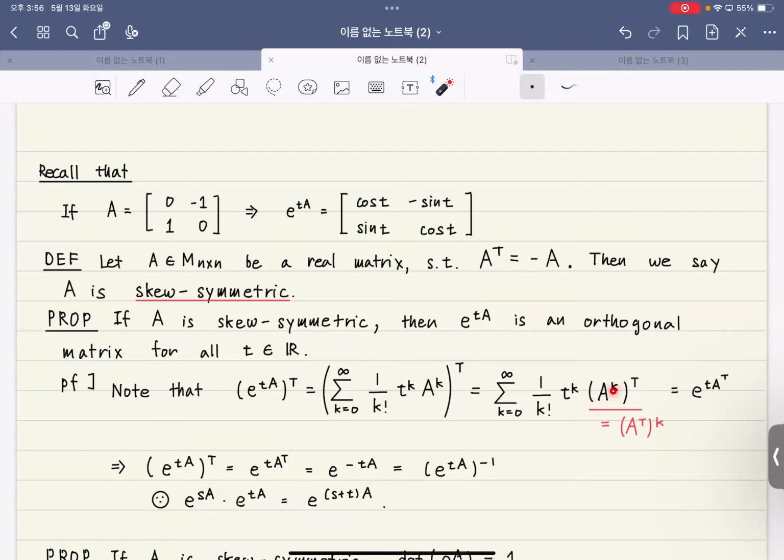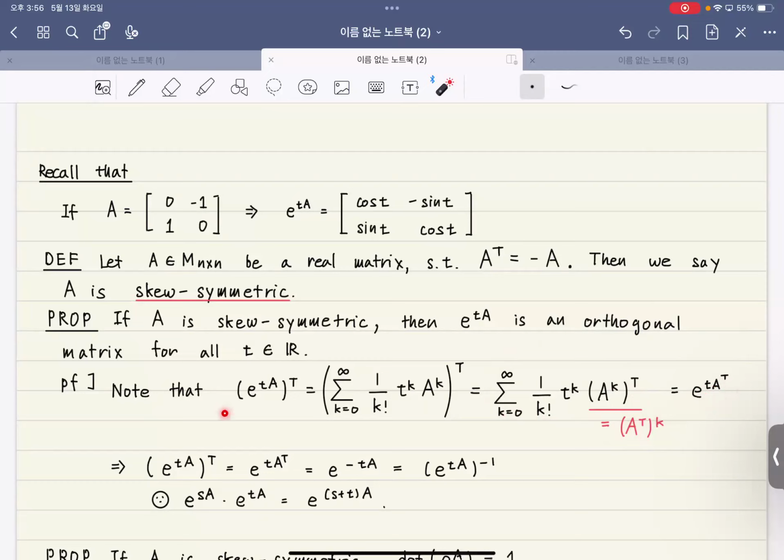So A to the k, everything transposed. But the same matrix A has been multiplied k times. So this integer k and the transposition can be interchanged. So this is A transpose raised to the power of k, right? And I want to understand this as the matrix exponential e^(tA^T), right? So I am taking the matrix exponential of not A, but A transpose, right?